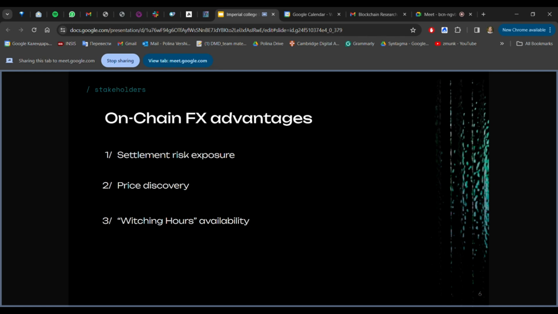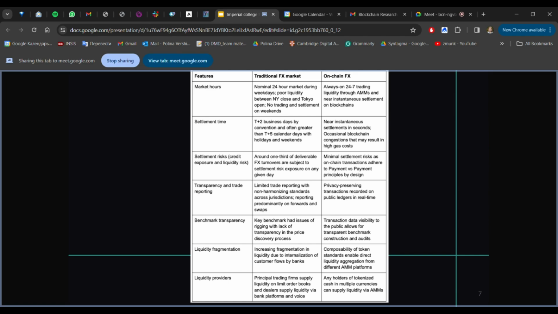Whereas in blockchain, in DeFi, thanks to smart contracts, thanks to the architecture of those platforms in general, it is possible. And that can be an additional benefit for certain parties, businesses, individuals, and so on.